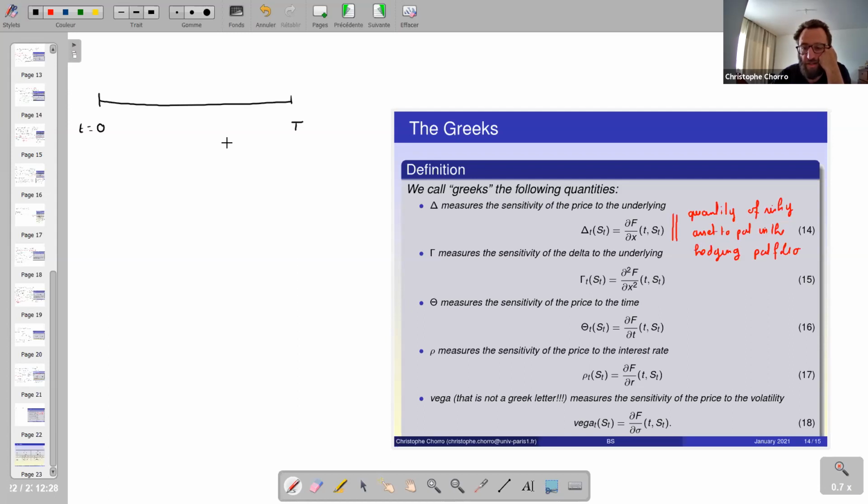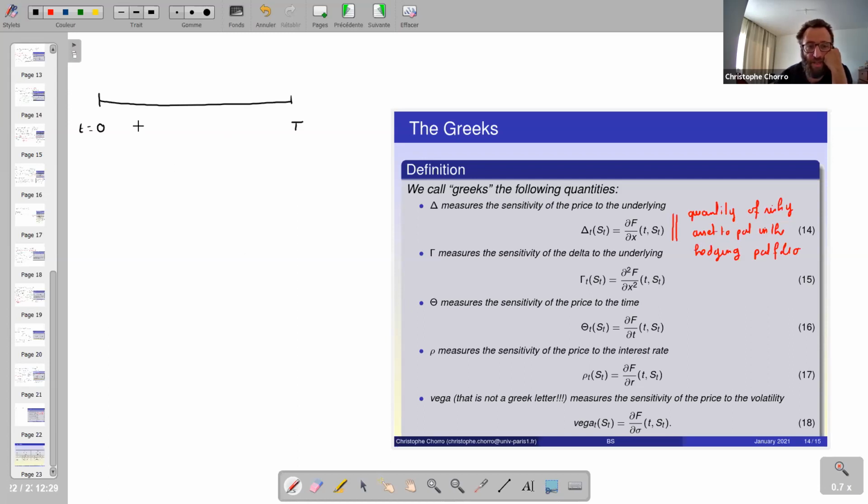Because in practice, even if I have not supposed this before, you have transaction costs, meaning that if you want to readjust your portfolio at any time, it will cost you a lot, because to buy and sell assets will cost you some amount of money.